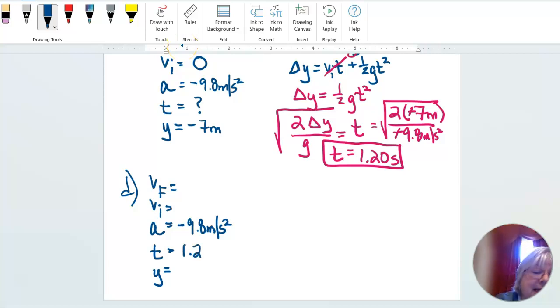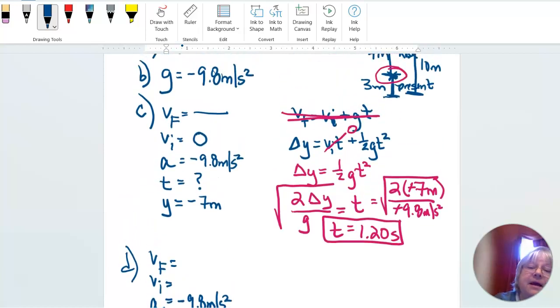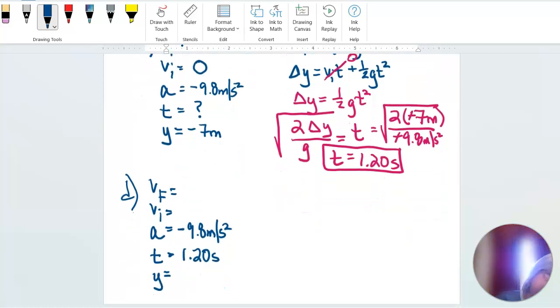We just said that the time that it's going to take is 1.2 seconds. And if I look at my little diagram, my present is going to rise by 3 meters. Since it's rising, I'm going to make that a positive. I don't know my final speed. Remember, we said we can't assume that it's 0. And I'm looking for whatever my initial speed is going to be.